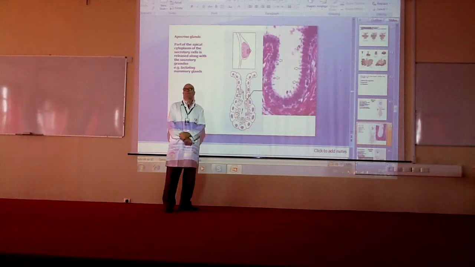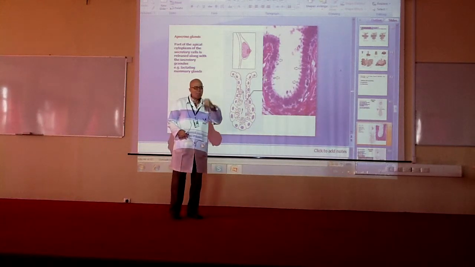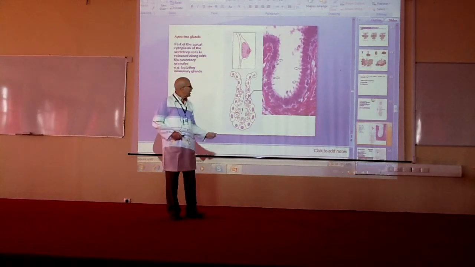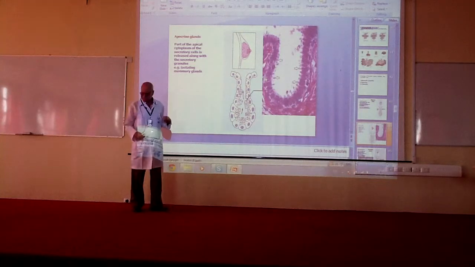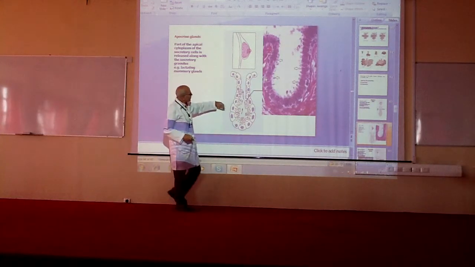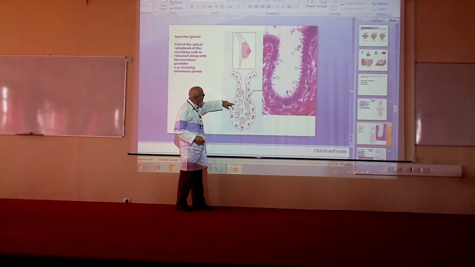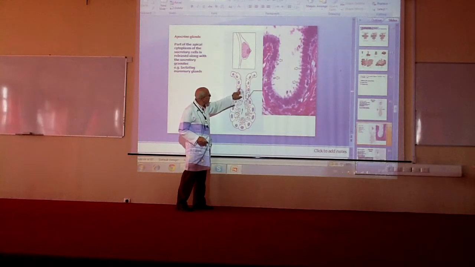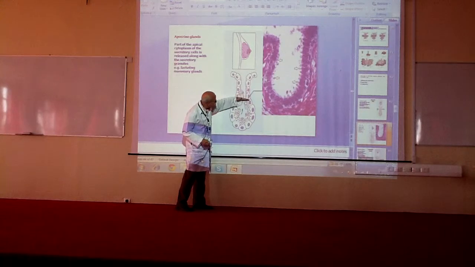Apocrine glands. What do we mean by apocrine glands? Mammary? In apocrine glands, this is the duct. The drawing is not good; the granules should not be present from here, because these are duct cells and this is the gland.